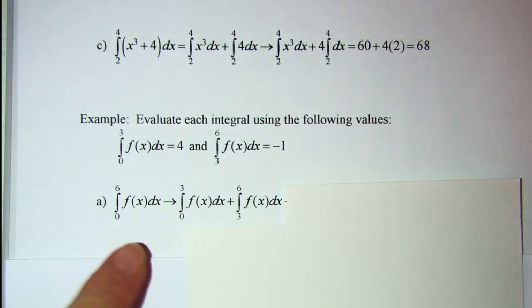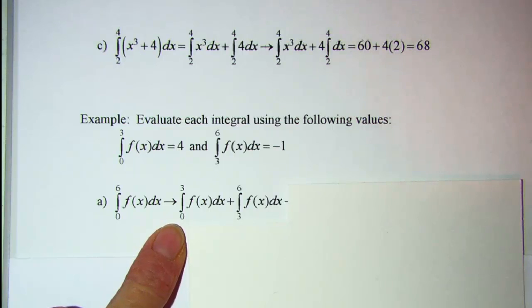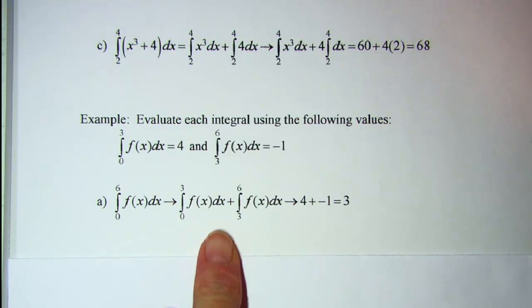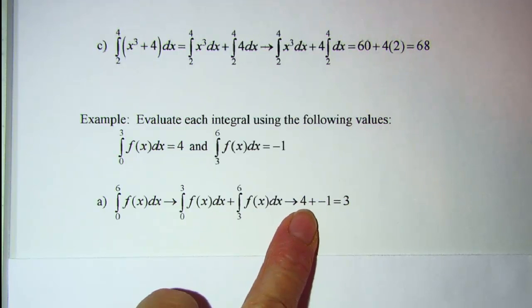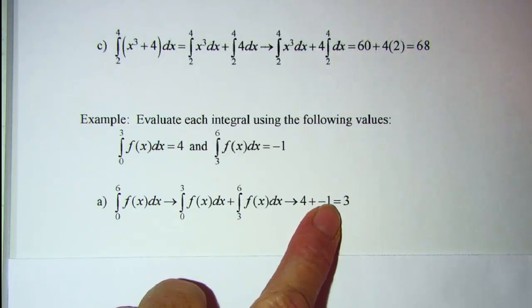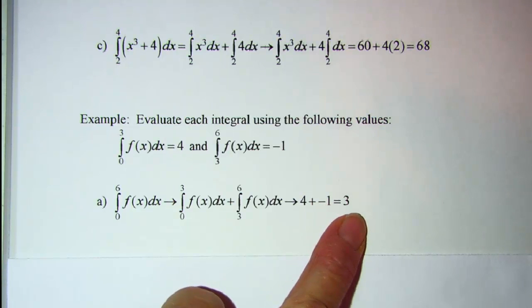So we would add the integral from 0 to 3 plus the integral from 3 to 6. We're given that the integral from 0 to 3 is 4, and the integral from 3 to 6 is negative 1. So we add those together and we get 3.